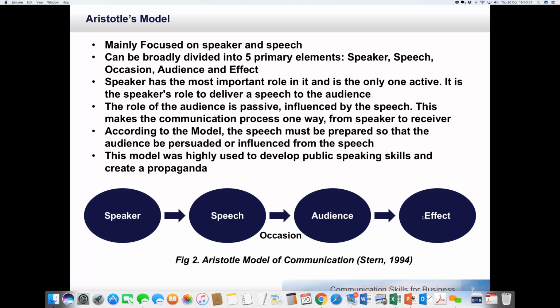A good example of this is the presidential debates happening in the United States, the last one of which was broadcast live yesterday.